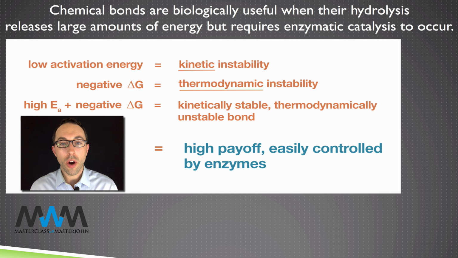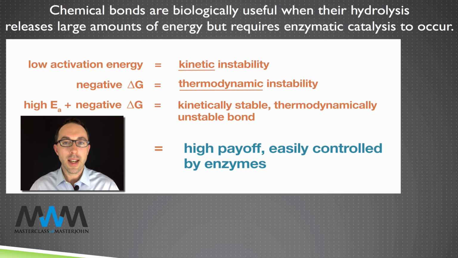Now, recall that most things that happen in the body are very kinetically stable in the absence of enzymes. When we first talked about enzymes, we noted that the rule is that most reactions that happen in the body have activation energy barriers that are way above body heat.